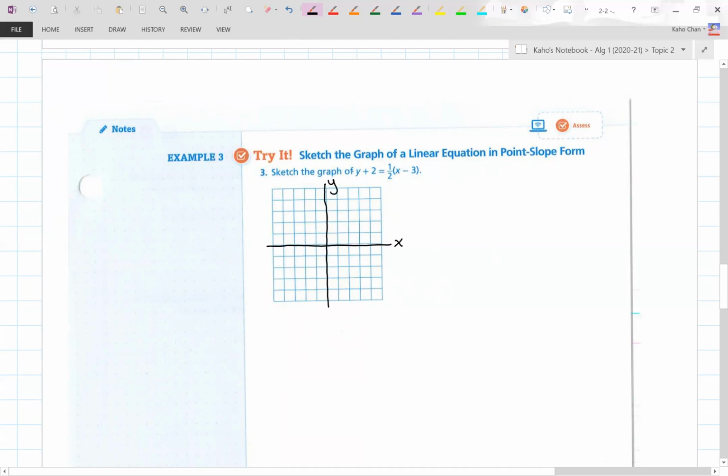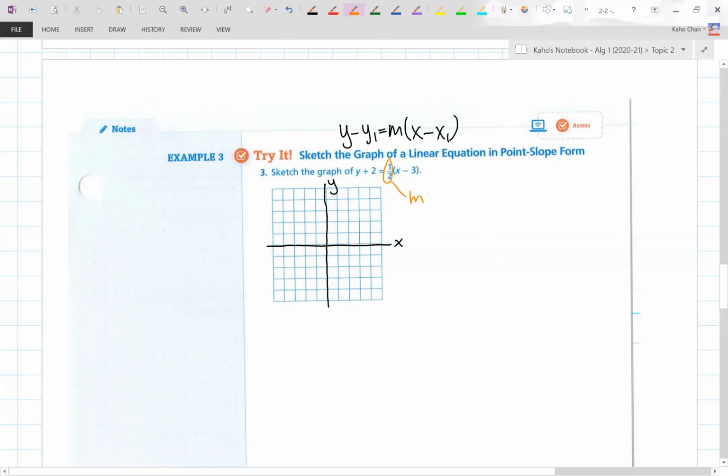Remember, this is point-slope form. You have to compare to the equation y minus y1 equals m times x minus x1. We have to extract the point and the slope from this equation in order to graph it and be done. All right. Obviously, I see the slope right there is 1/2.